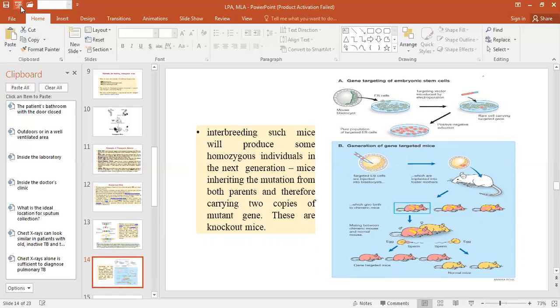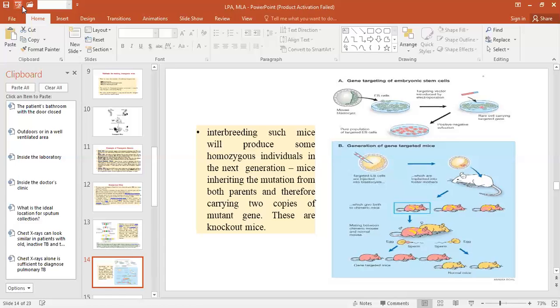This modified gene contains a mutation. The mutation often prevents the gene from functioning. And when genes are knocked in, a mouse gene is often replaced by a similar gene from the human genome.